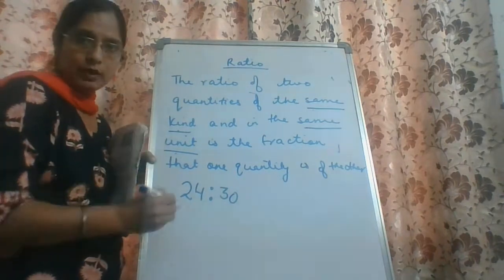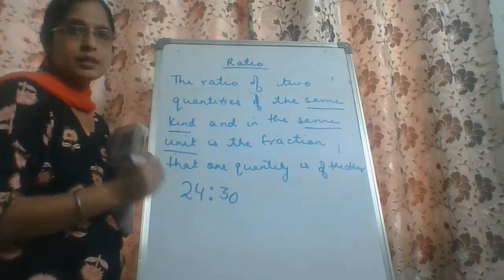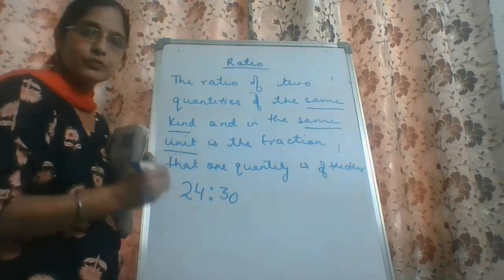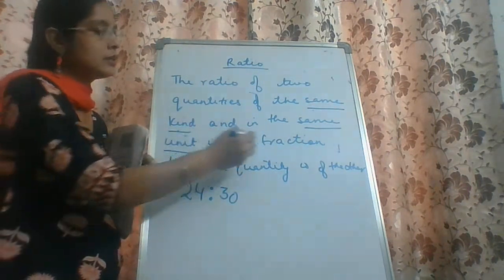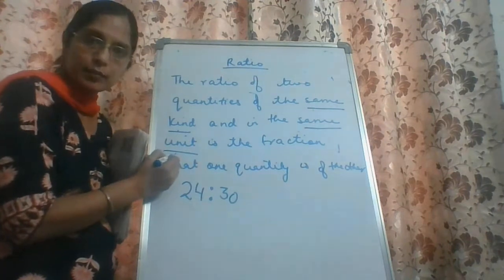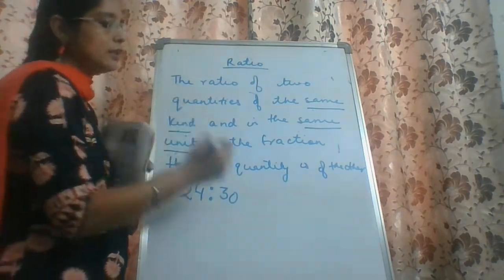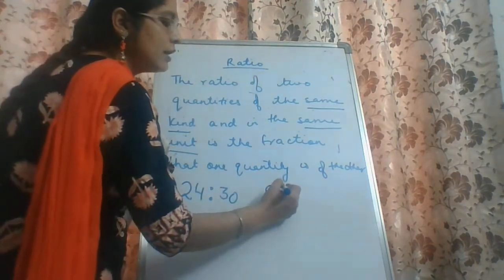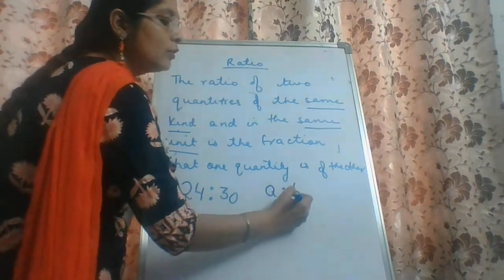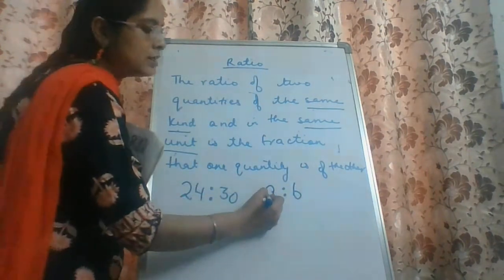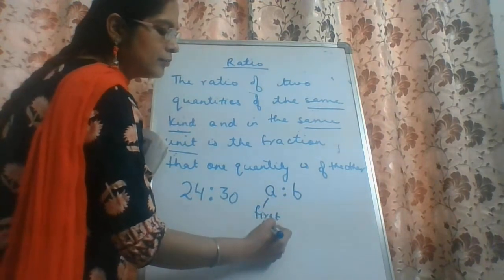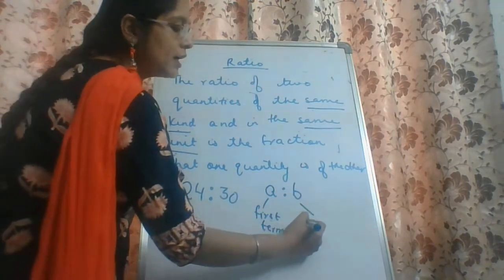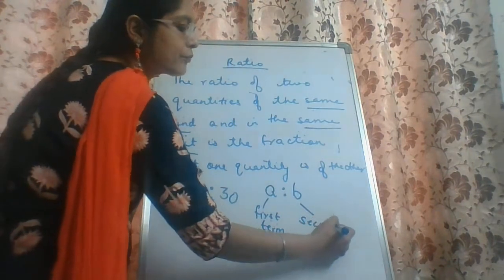In simple words, ratio is a comparison of two commodities of the same kind and in the same unit. This can be expressed as A is to B. A is the first term here and B is the second term here.